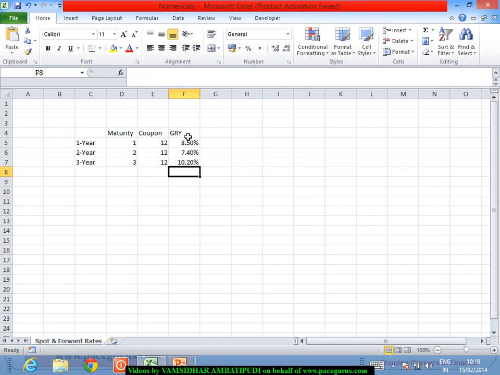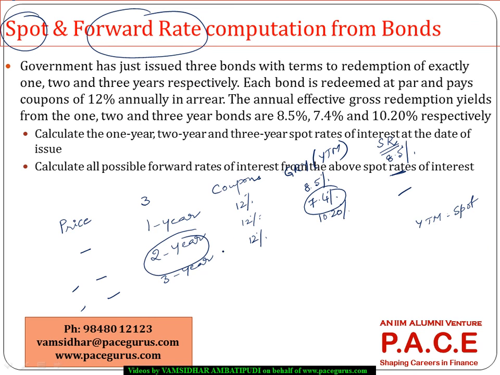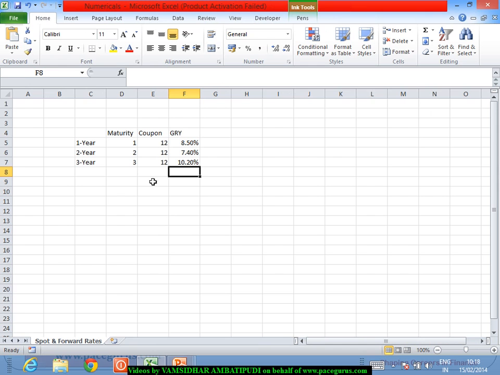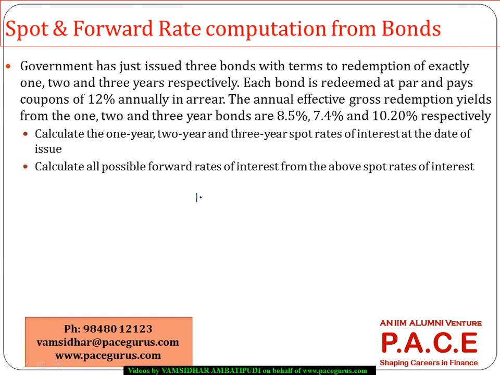Now look at the 1-year bond first of all. What are the cash flows associated with the 1-year bond? Because the coupon is 12, the 12 is going to come after 1 year, along with the maturity amount, which is the face value, because we are talking about redeemed at par.